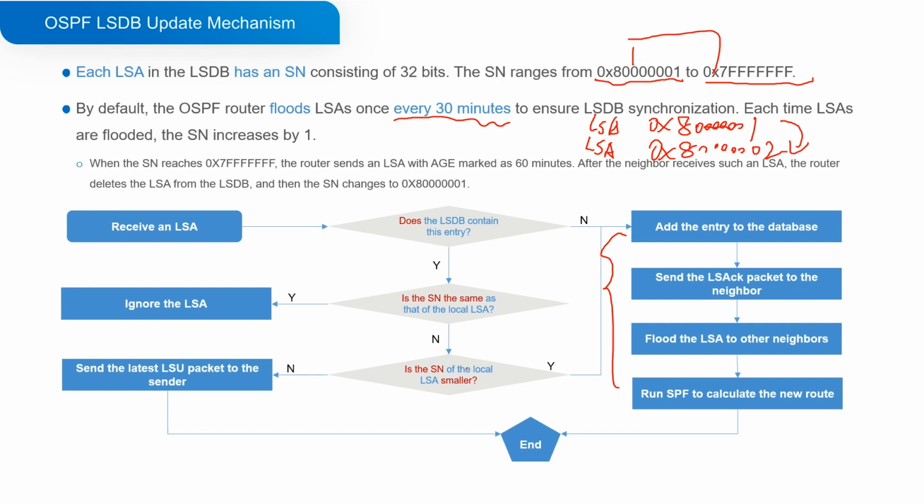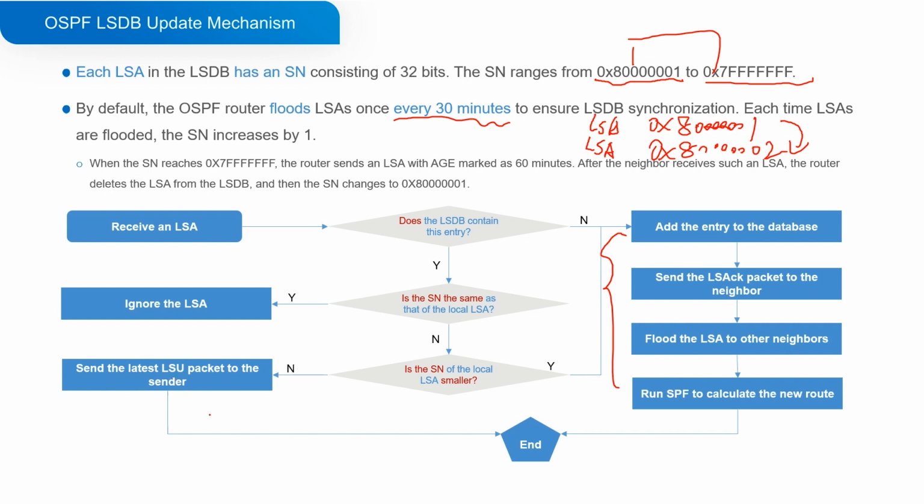If the SN of the local RSA is bigger than the RSA which I have received, I have to send the latest RSAU packet to the sender.